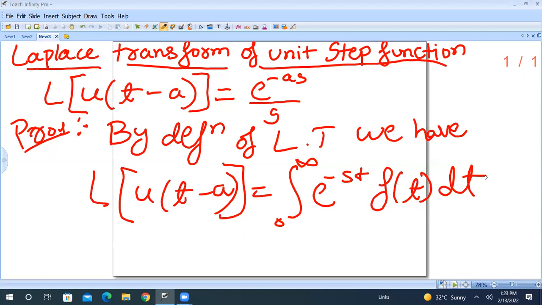So as usual, this is the given formula, the Laplace transform formula written like this. So by the definition of Laplace transform we are taking this formula.